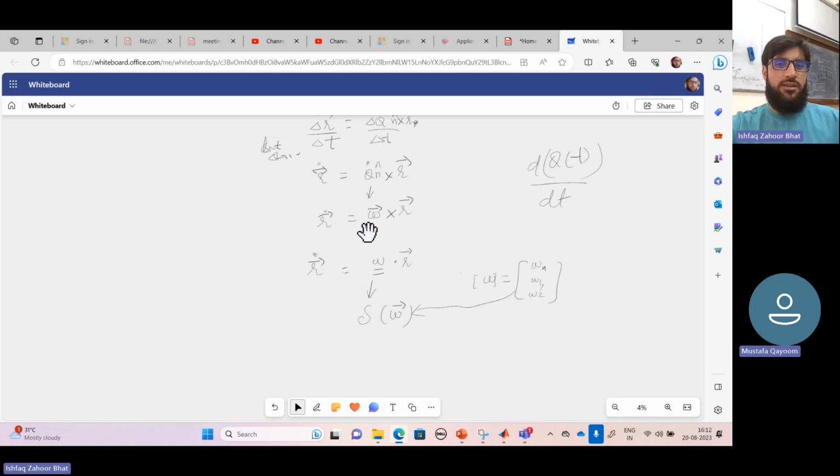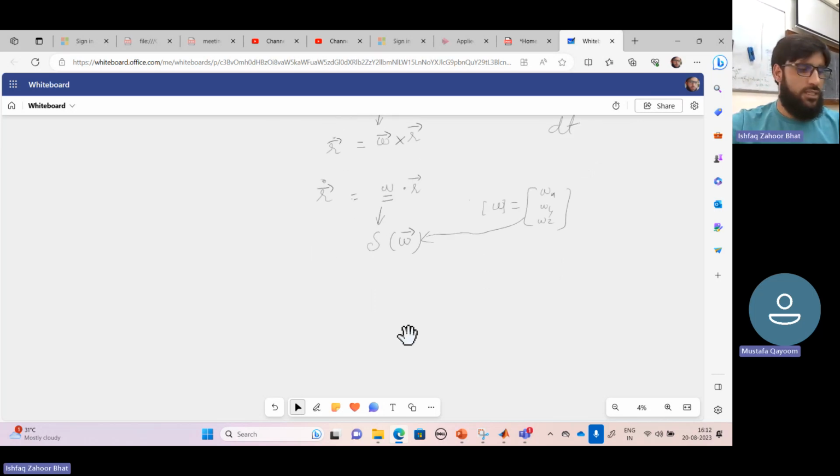Otherwise, you have to take cross product, and MATLAB does not know how to take a cross product. Although there are functions, you may say I can write a cross of omega cross r. Yes, you can write it, but inside it is doing a similar thing. It is creating a skew symmetric matrix and making the matrix multiplication of the two matrices. Is it clear? Yes. Okay.